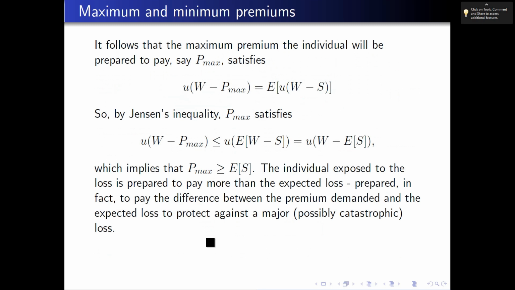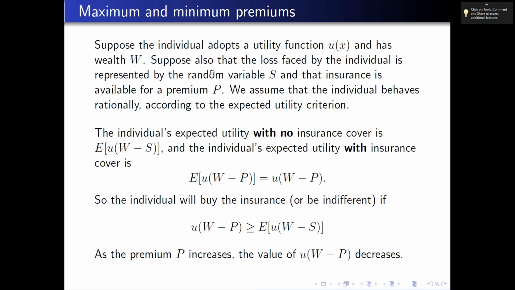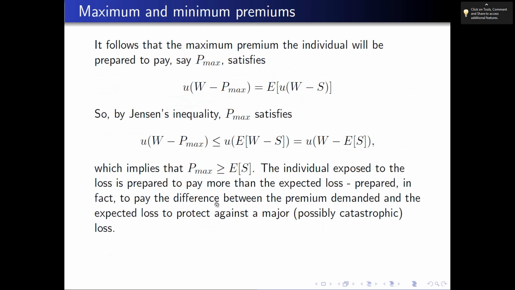So here, what is satisfied? We have some Pmax. We increase this P, and we have the Pmax such that the utilities are equalized. And this is the Jensen inequality, and we know that Pmax should be more or equal to the expected risk.